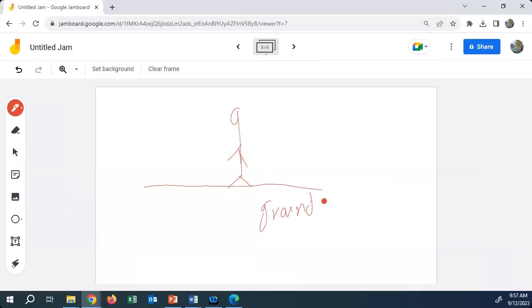Okay. Two objects, yes? Person and the ground. I would like to analyze this by Newton's third law.